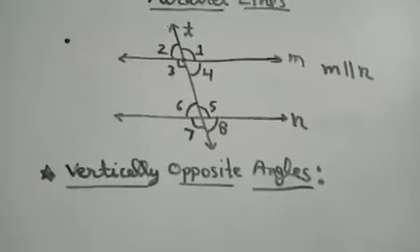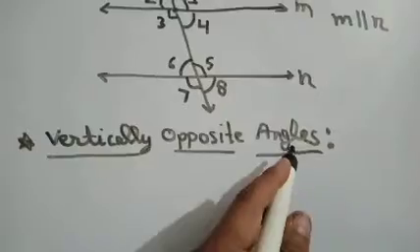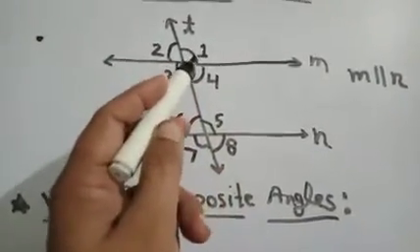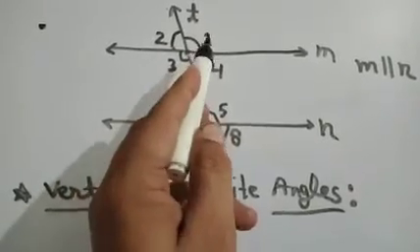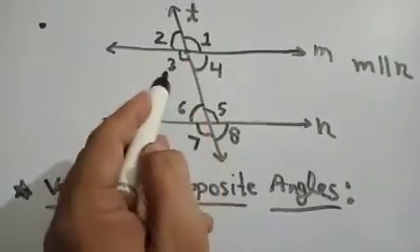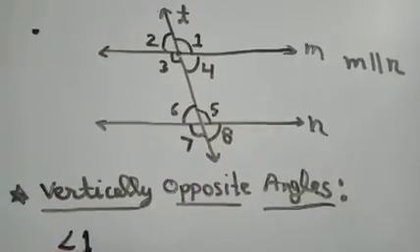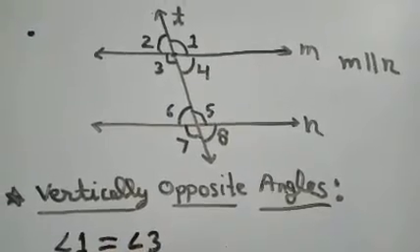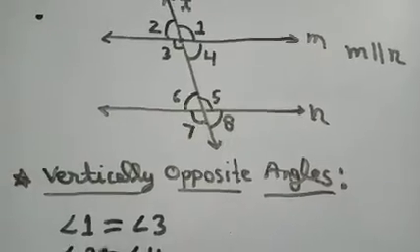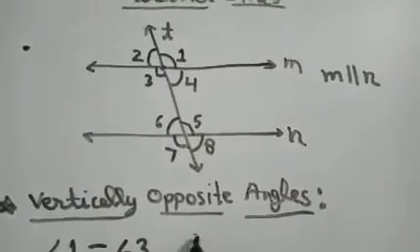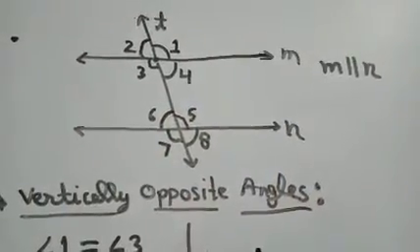So students, the next point of angles: vertically opposite angles. Look here, when transversal T cuts M at this point, two pairs of vertically opposite angles are seen. Angle 1 is equal to angle 3 and angle 2 is equal to angle 4. These two pairs are said to be vertically opposite angles when T cuts M at a point.